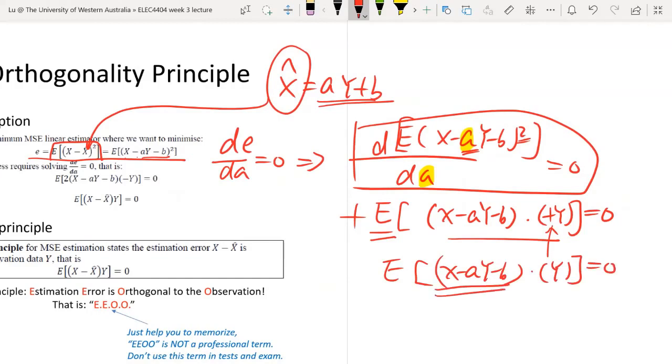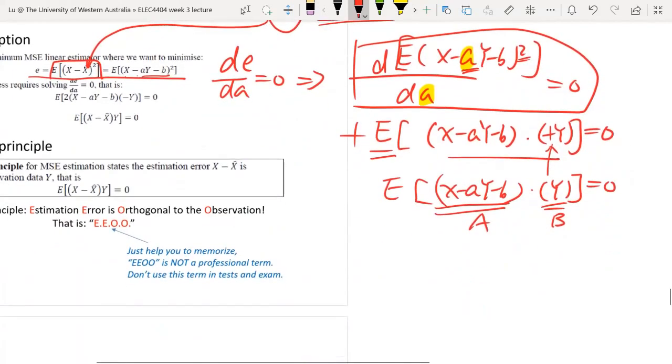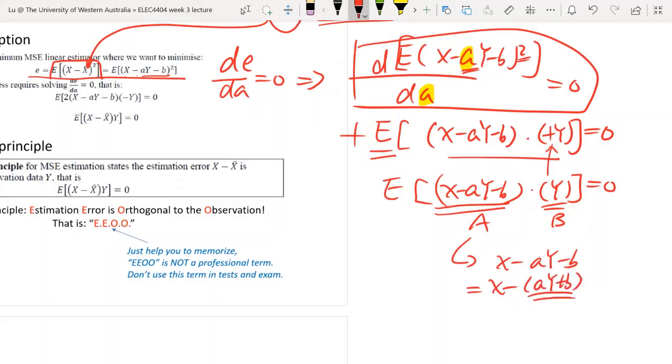The first term, we call that term A. The second term is term B. Now we need to link this equation back to our question. What is y? Y is our observation. Okay, y is the condition. What's A? The A term here is x minus ay minus b, which is x minus ay plus b. But this ay plus b is our estimator.